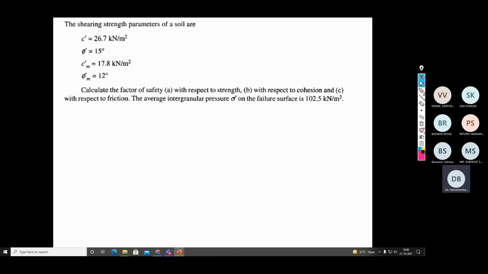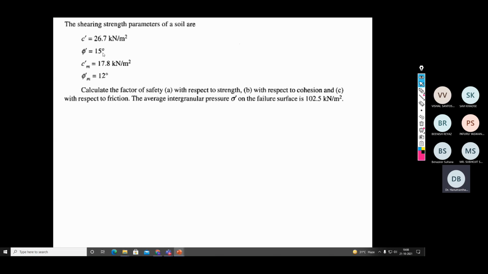But before the soil starts failing, or before the slip surface or landslide occurs, there should be some triggering point. Those are called the mobilized shear strength parameters, c'm and φ'm.